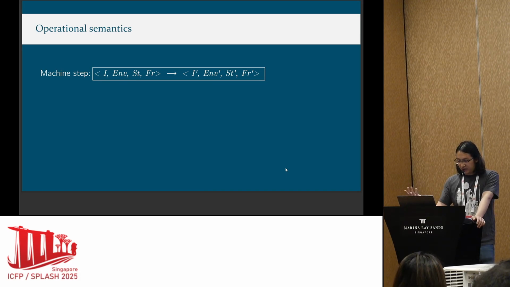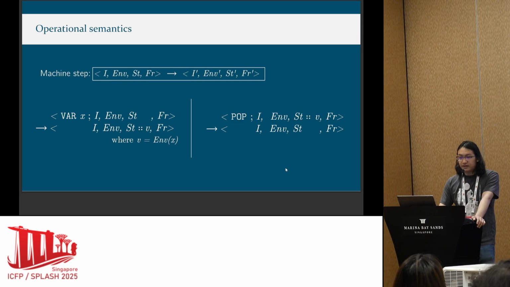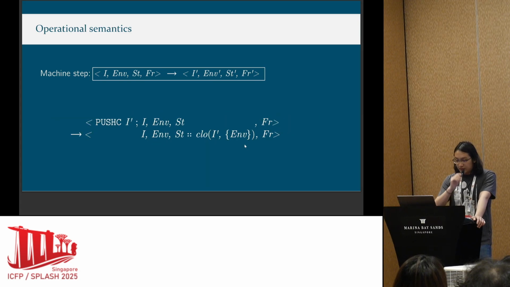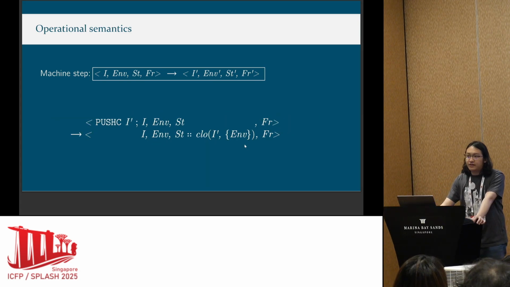So I'm still going through the shape of my abstract machine. It has a certain operational semantics: you look at the top instruction, and then you perform the corresponding operation. For example, if the instruction is var x, then I just find x in the environment, push it on the stack, and move on. If it's pop, and the stack has a certain shape, I throw away this v here and move on, etc. A few interesting things happen when you have these closures.